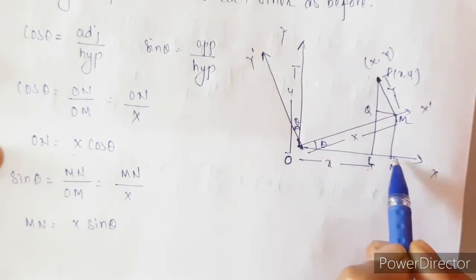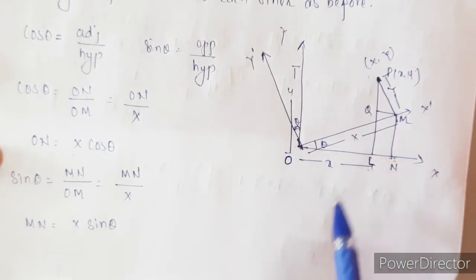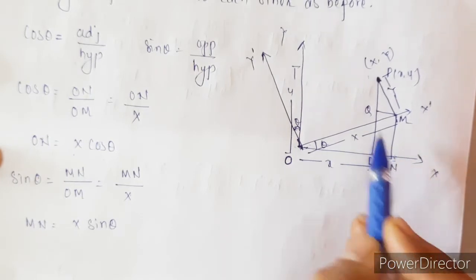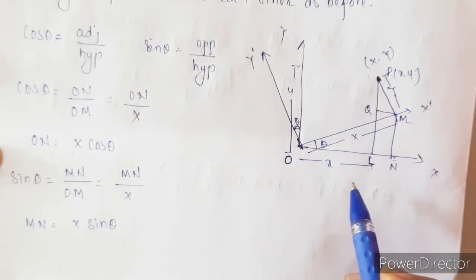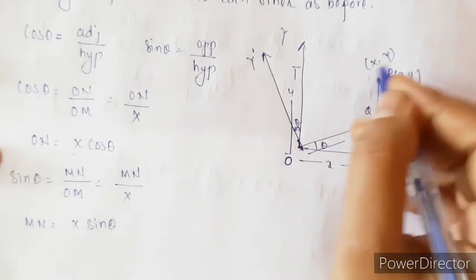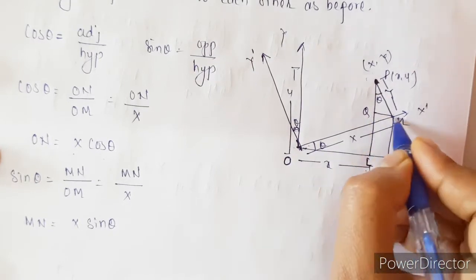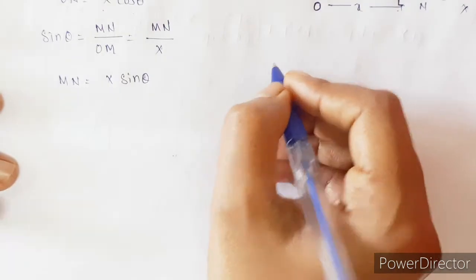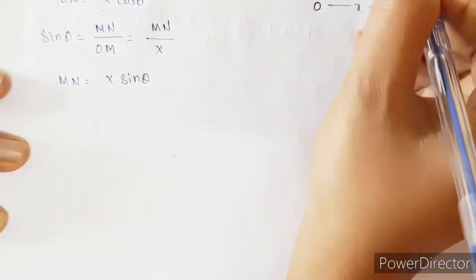Now suppose from ON I subtract this LN, I am going to get this small x, the remaining distance. So let me find LN. Now LN is parallel to QM, so LN is the same as QM, and this is theta. So we can find QM from here. Now since this is theta, we can use sine.